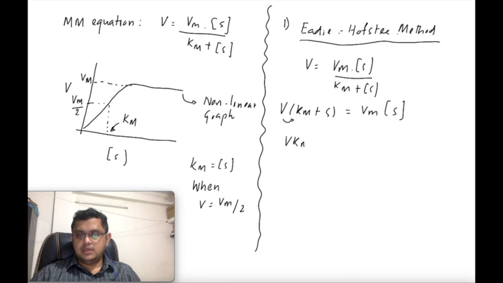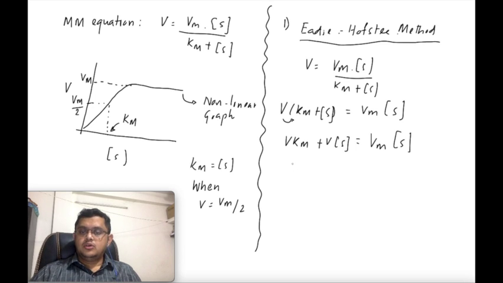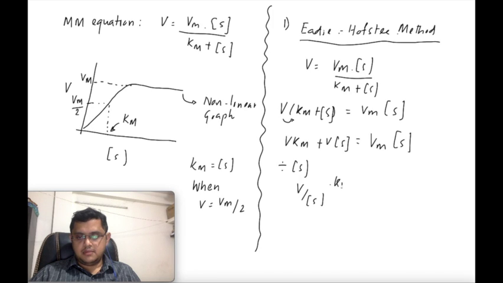So this becomes V Km plus V S. Now divide this by S. So it has become V by S into Km plus V is equal to Vm.